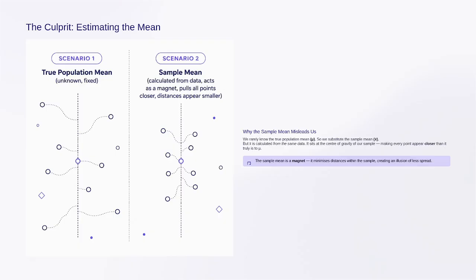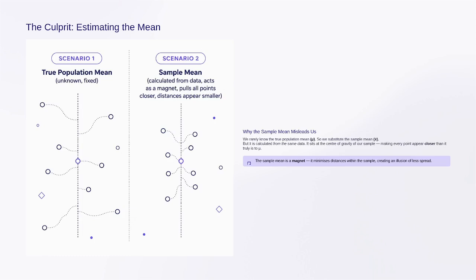So the culprit is estimating the mean. This is the main reason. Usually we do not know the population mean. So we calculate the sample mean. Let's say your sample is 2, 4, 6. The sample mean is 4. Now we measure the distance from 4. 2 is 2 away. 4 is 0 away. 6 is 2 away.